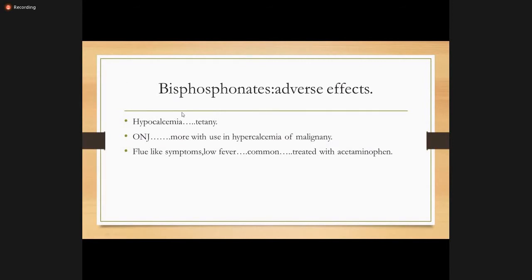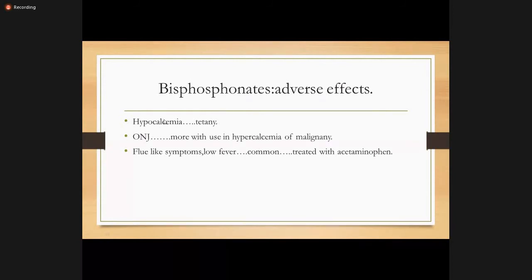If you are not giving it, because this actually deposits the calcium within the bones, as a result serum levels of calcium are decreased, which leads to tetany, spasm, and even sometimes fits.